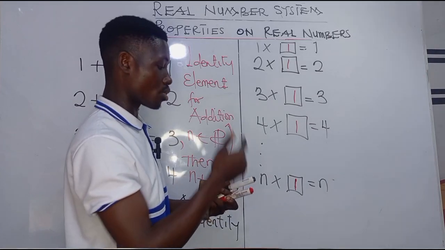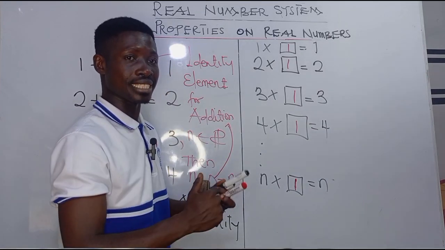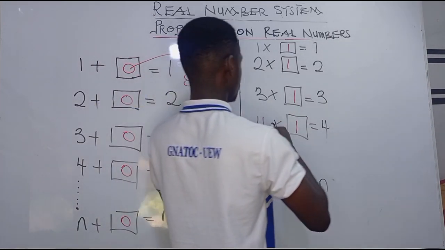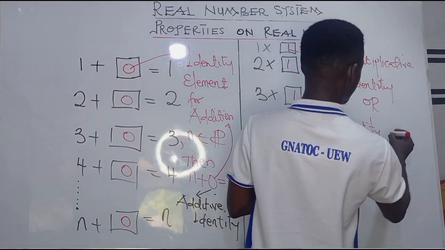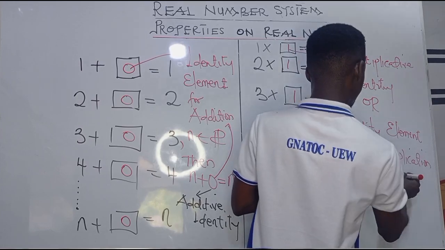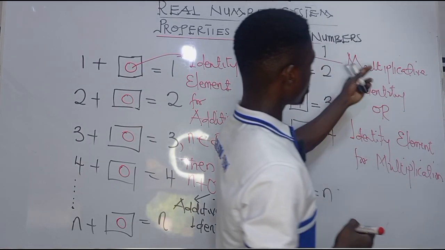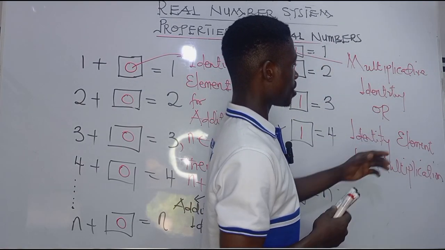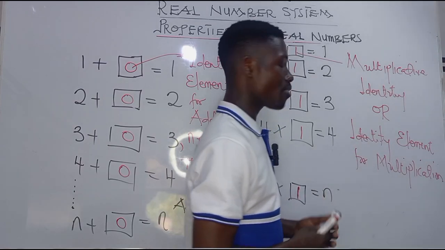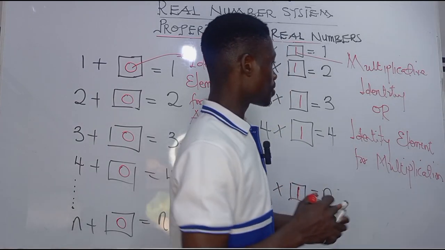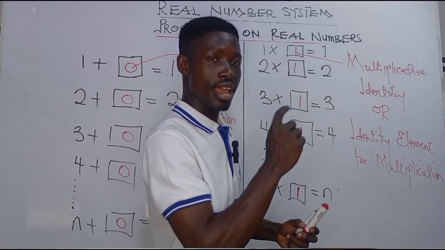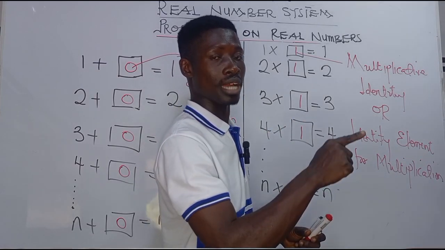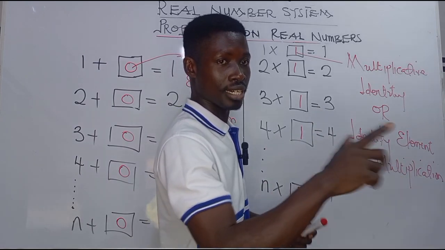So 1 is called the multiplicative identity, or the identity element for multiplication. The identity element for multiplication says that any number multiplied by 1 gives back the original number.